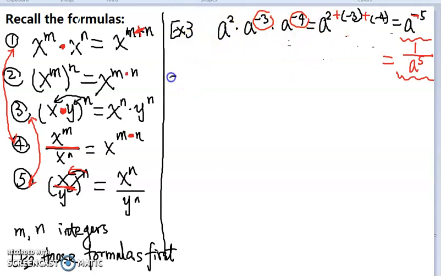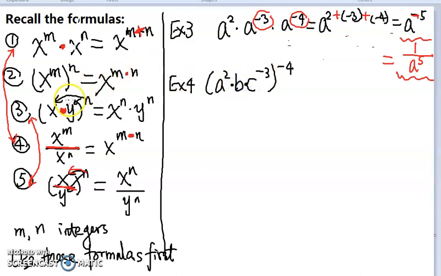So in the first example, I used the formula 1, the first formula. Now in the next example, a squared times b times c to negative 3, and we raise the whole thing to the negative 4th. And notice in the base, between a squared and b and c to negative 3, there's nothing there, which means multiplication.